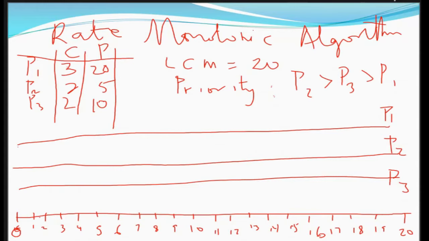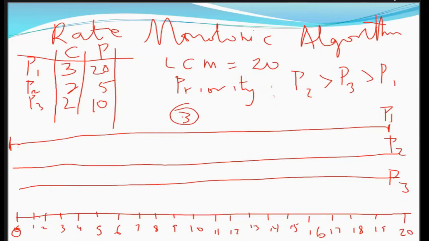So the whole time was blocked. So starting from here, it ends here. And then there is going to be only an execution of 3 units within this period. Done deal, right?